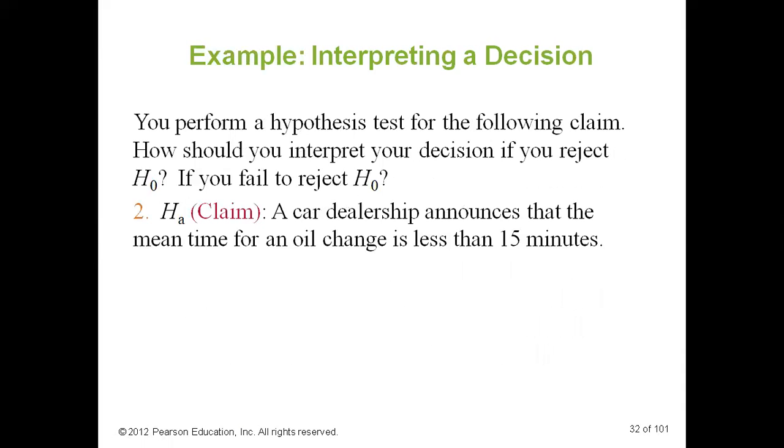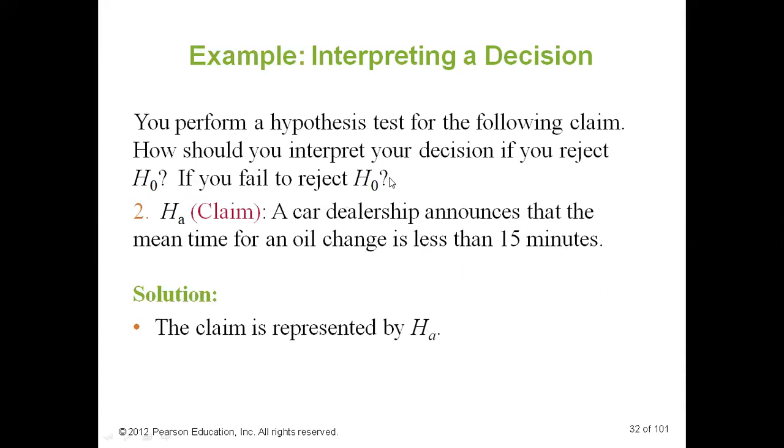Interpreting the decision. You perform a hypothesis test for the following claim. How should you interpret your decision if you reject the null hypothesis or if you fail to reject it? For example, a car dealership announces that the mean time for an oil change is less than 15 minutes. So the claim is represented by the alternative hypothesis.